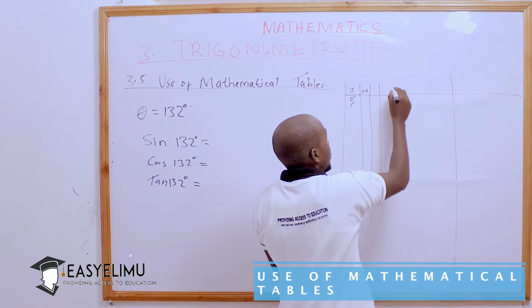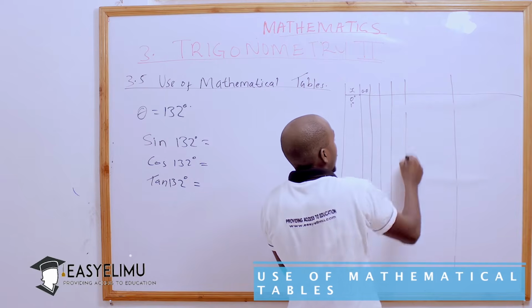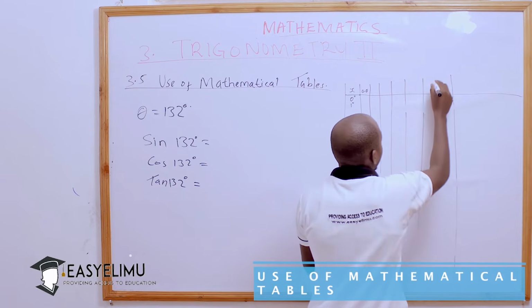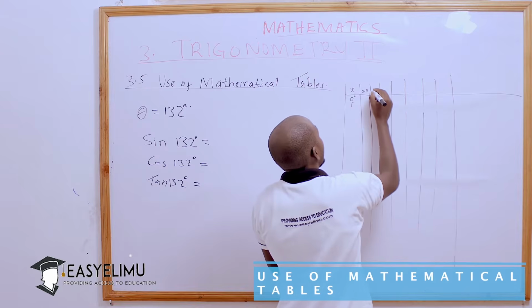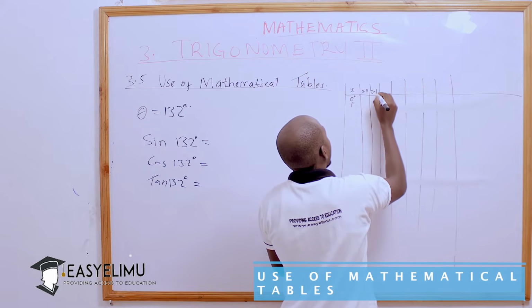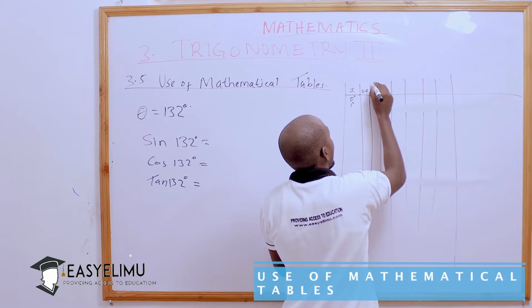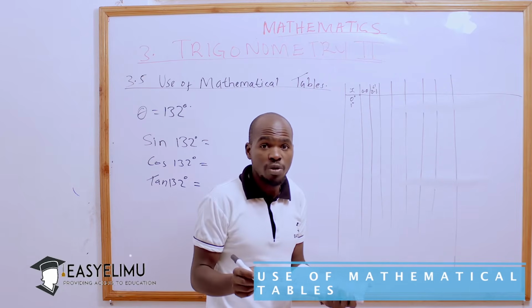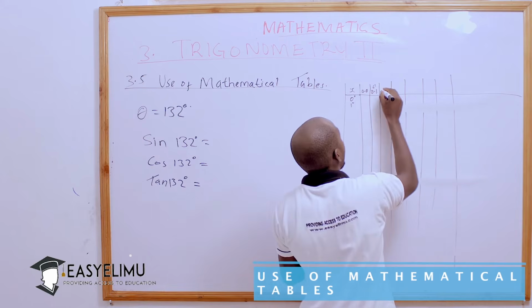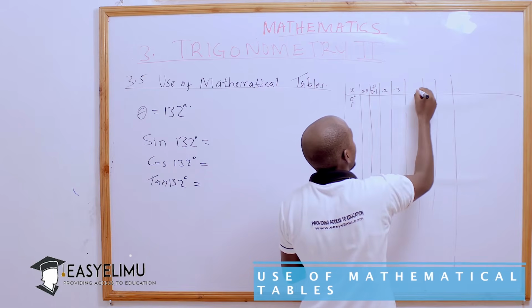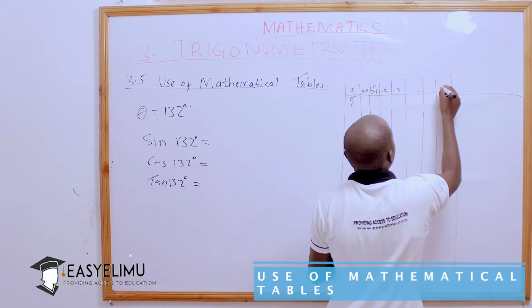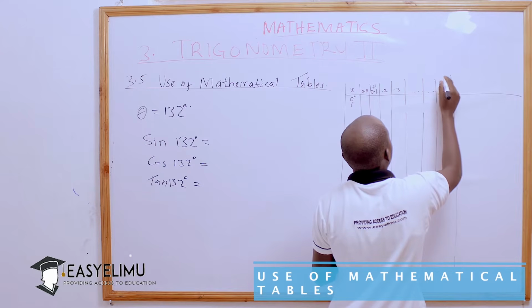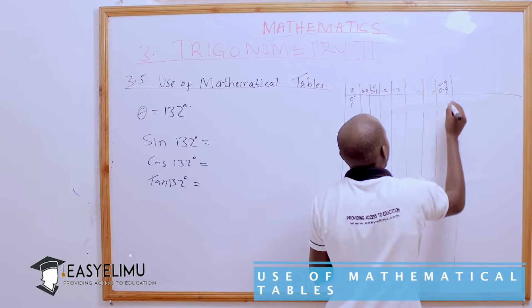That way it is divided into a number of columns, and from there you will find that this one is 0.0, 0.1, depending on the mathematical table you are using. Then 0.2, 0.3, as you move on up to 0.9.